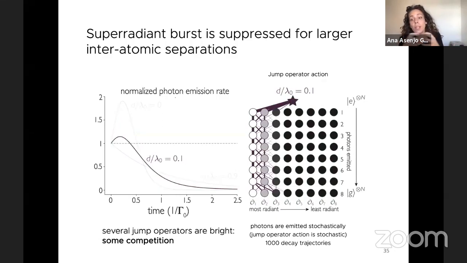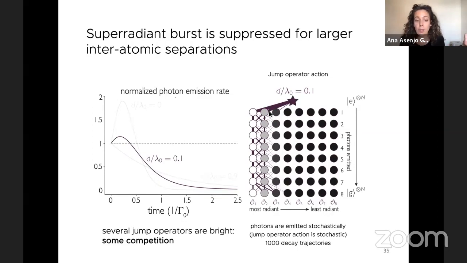So what happens when we now extend the array? Some of the jump operators become bright, so they are not all dark anymore. As you can see now, the jump operator that keeps acting is the most bright, but we still have some competition from the other jump operators that are similarly radiative.